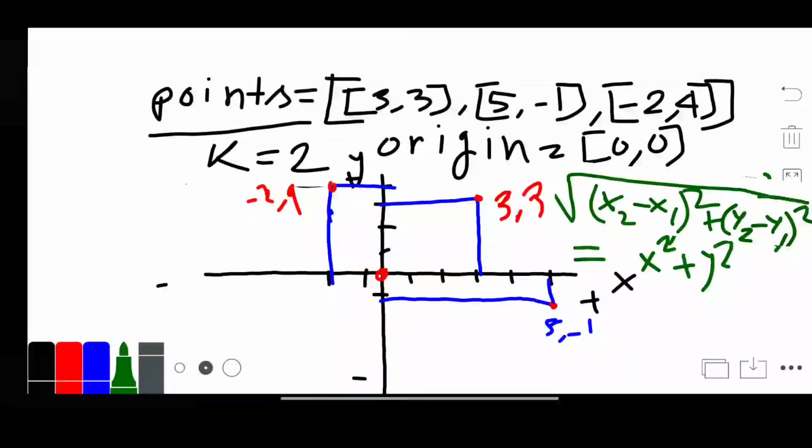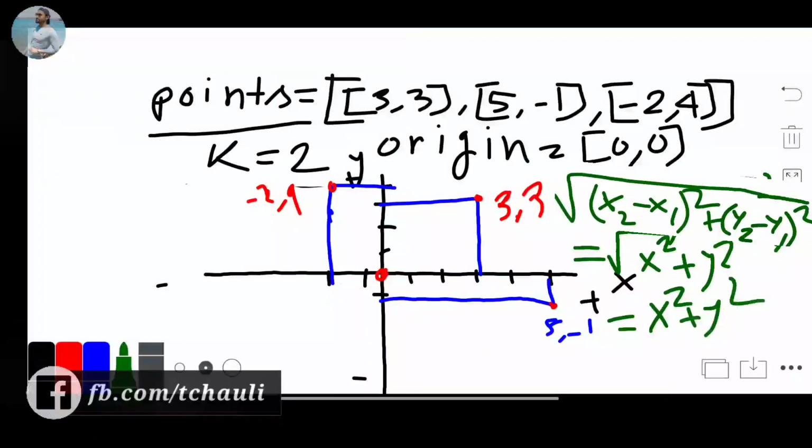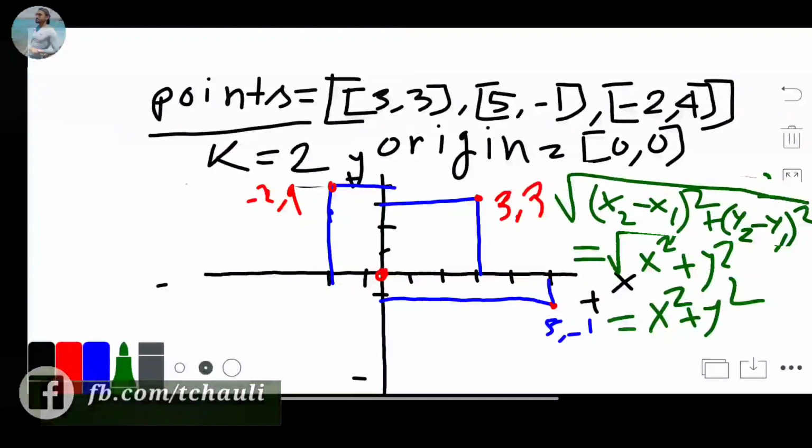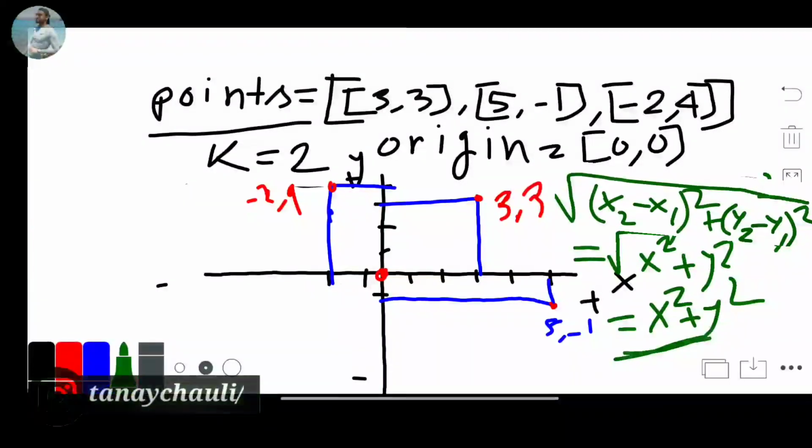So our formula will be this, and we will drop the root also, because we actually don't need the distance. We need the closest points. We have to print the closest points, so we just use x square plus y square. We'll apply this to store our distance.